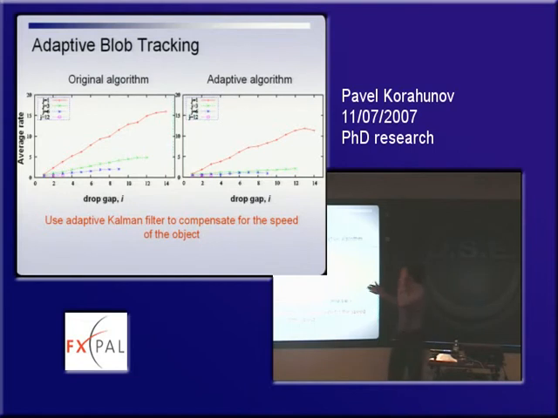But you see, this one is adaptive based on the video itself. It takes several consecutive frames. If it's 30 frames per second, it takes several frames, like 4 consecutive frames, and the adaptive Kalman filter learns the speed of the object.